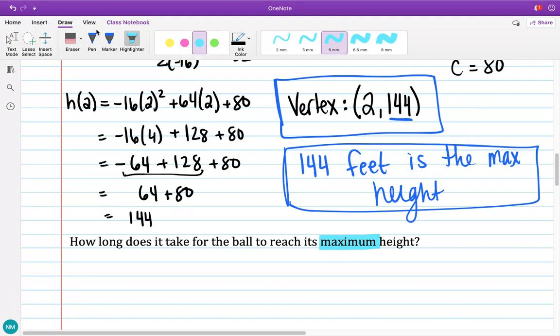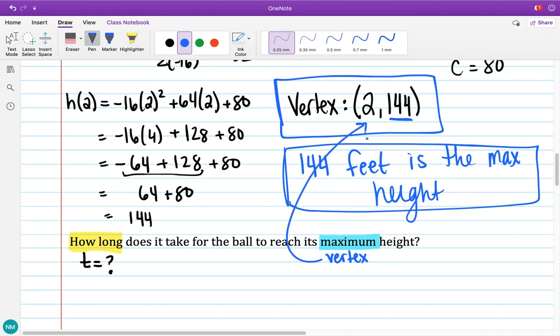We're still dealing with the vertex, but it says how long, which means that here we are dealing with time. And again, we already found it. It's right up there. After 2 seconds, it reaches its maximum height. So it takes 2 seconds to reach max.